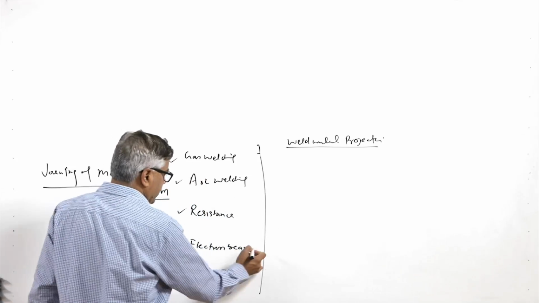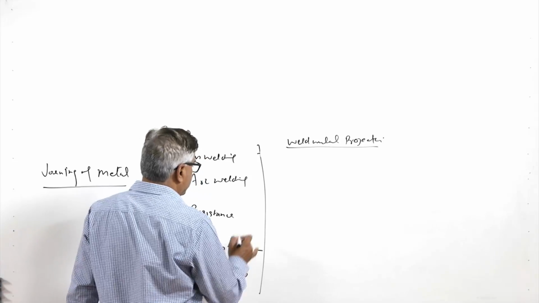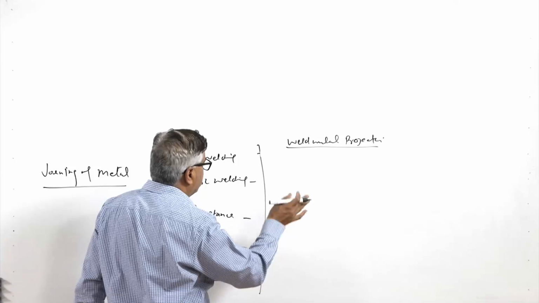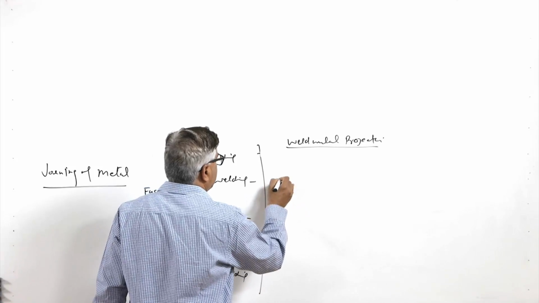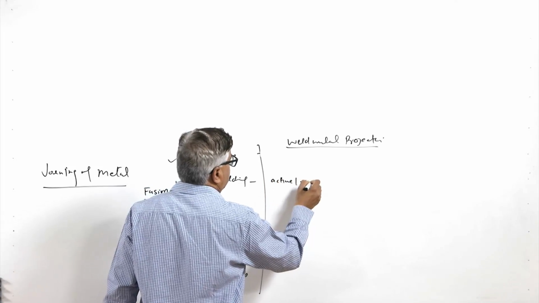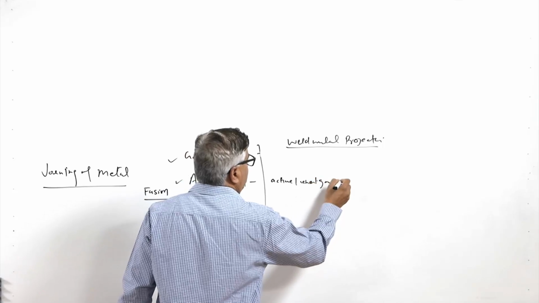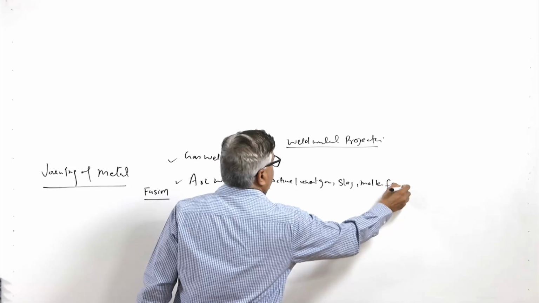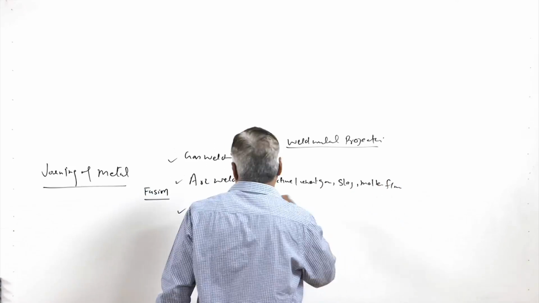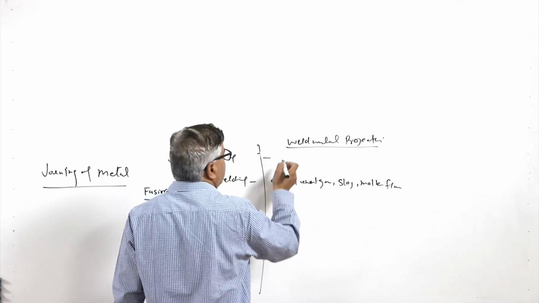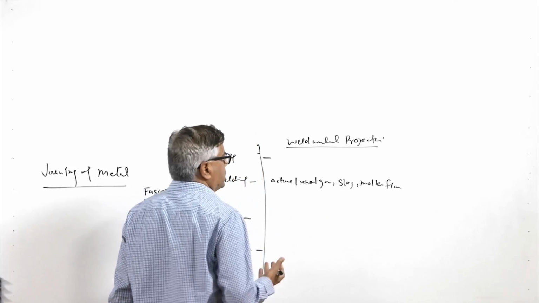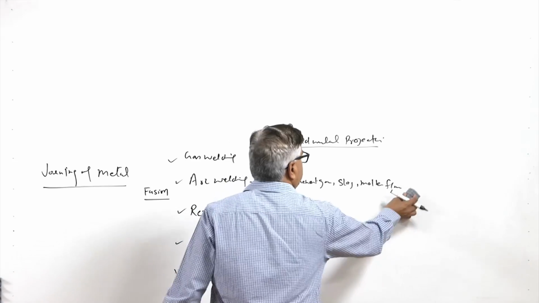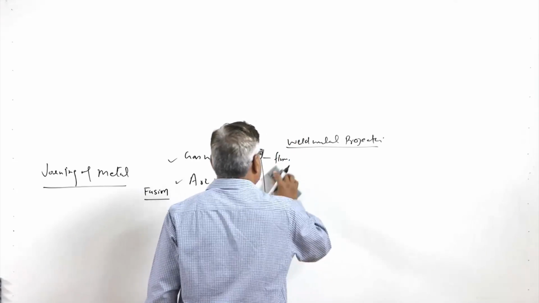For example, electron beam welding uses vacuum, resistance welding is normally done in environmental conditions, and arc welding uses different approaches like an active gas or inert gas environment, or the slag, or the molten flux. In gas welding, normally no protection approach is used, except in some cases flux may be used in order to deal with the problems of oxidation.